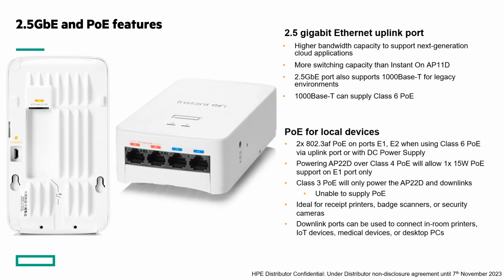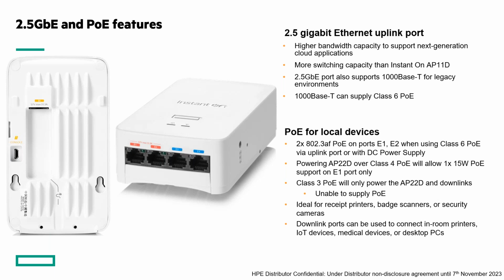So as we look at the 2.5 gigabit uplink port on these, we've got the uplink port in the back, and on the stand, it's actually in the back of the stand. But then we've got 4 additional Ethernet ports.